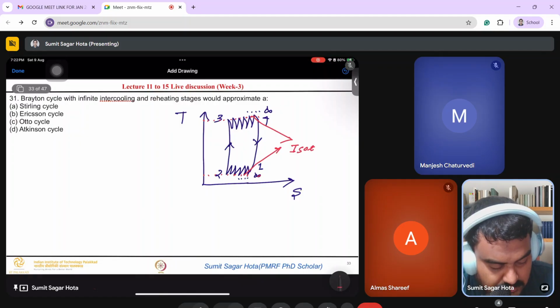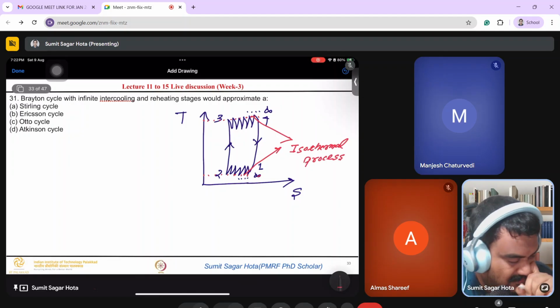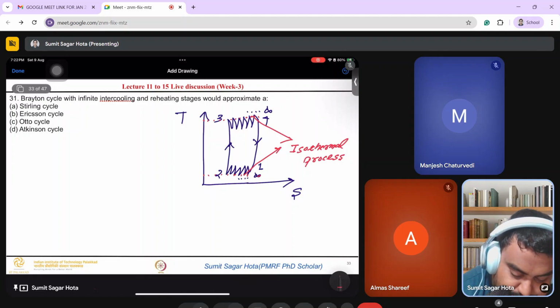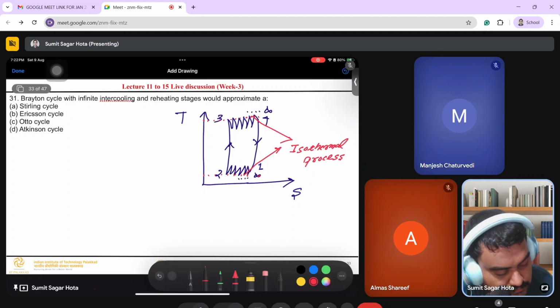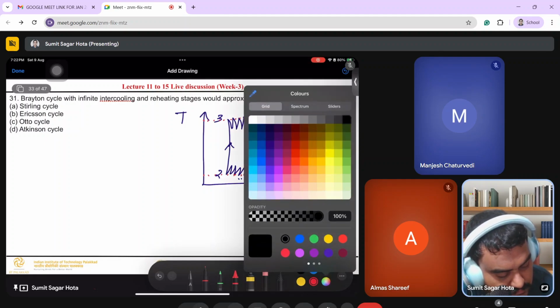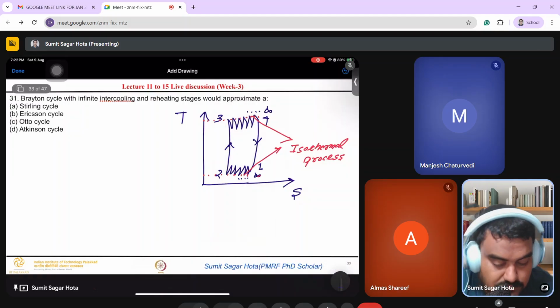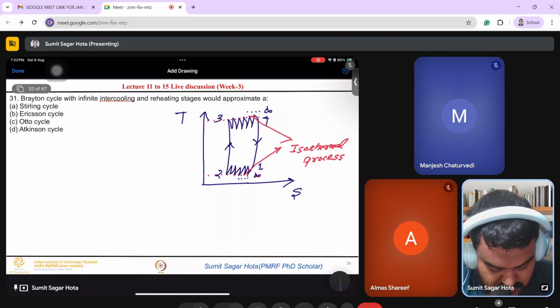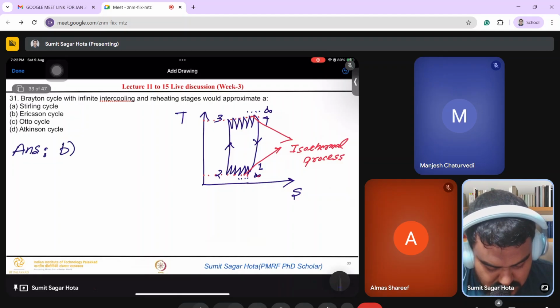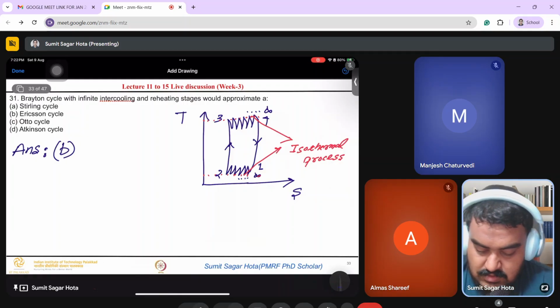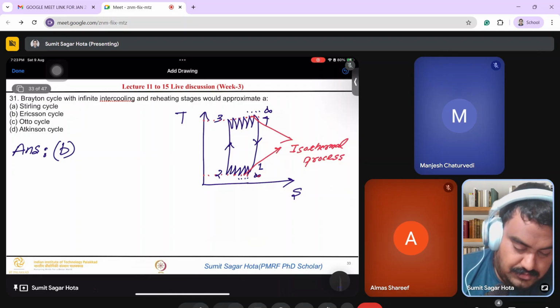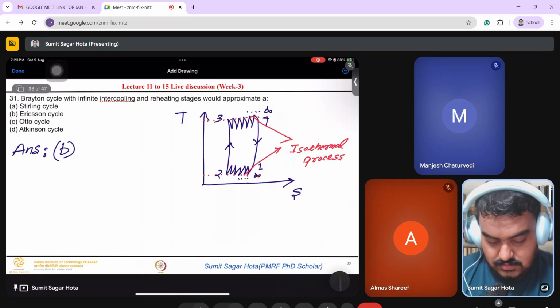Isothermal processes. It's called the Ericsson cycle.